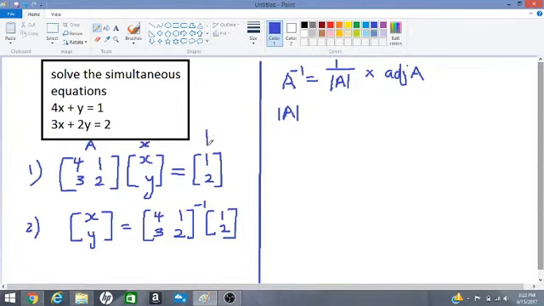Sometimes the last matrix is called little b. So let's find the determinant of A.